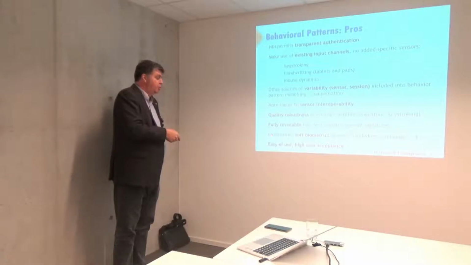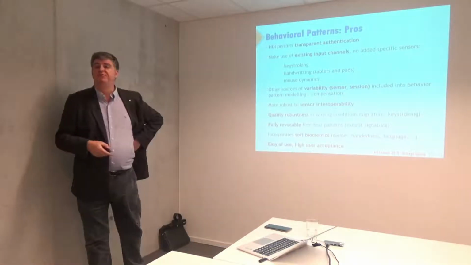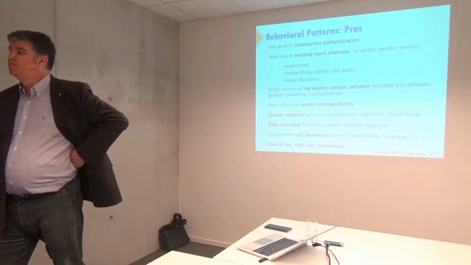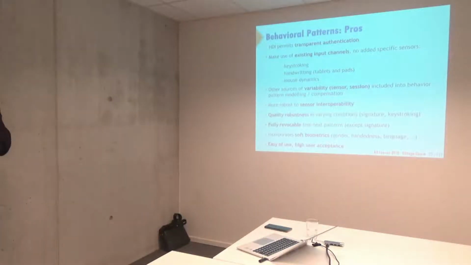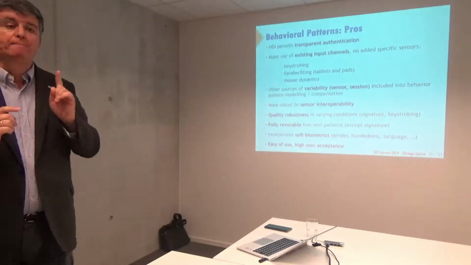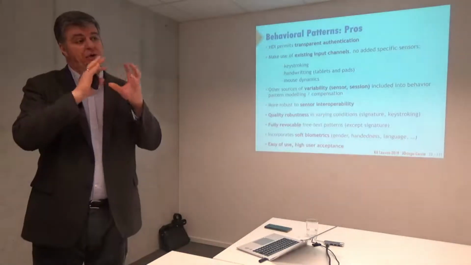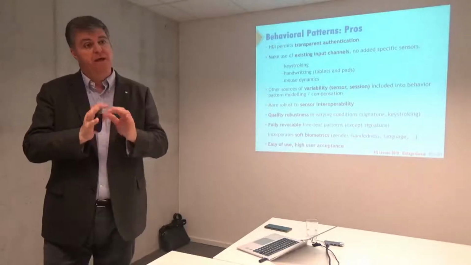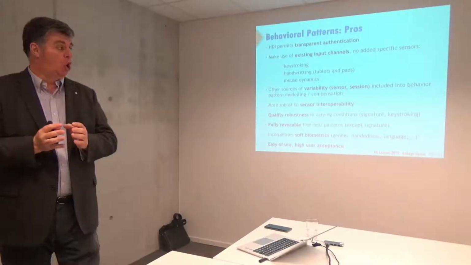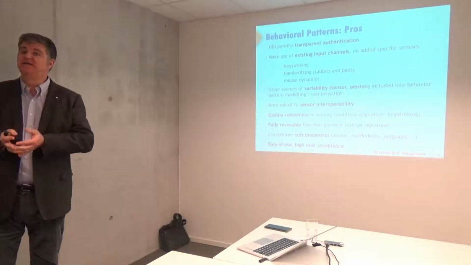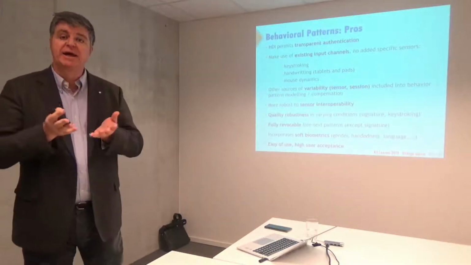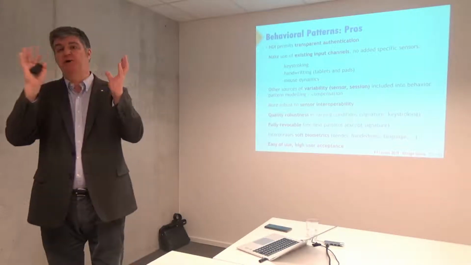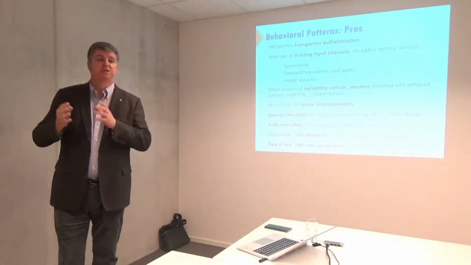You may incorporate what we call soft biometrics. Okay, soft biometrics are traits which may not identify one person, but may categorize people, like gender, or handedness, or language, or ethnical issues. Okay, you can categorize people more or less, and this is important.